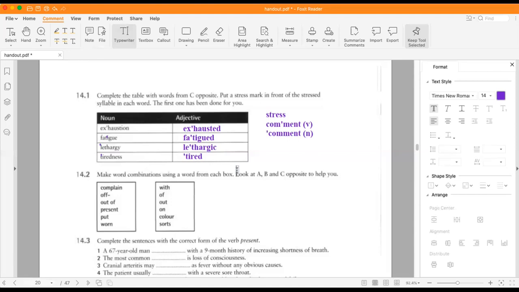Sometimes the stress does not differ between the noun and the adjective, like in exhaustion and exhausted, in tiredness and tired, in fatigue and fatigued, all right? And sometimes it's different, like in lethargy and lethargic, all right? Of course, in the exam about this part, I will not tell you where is the stress of the word.